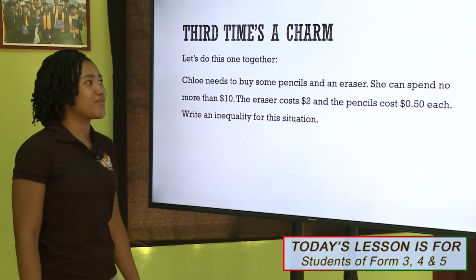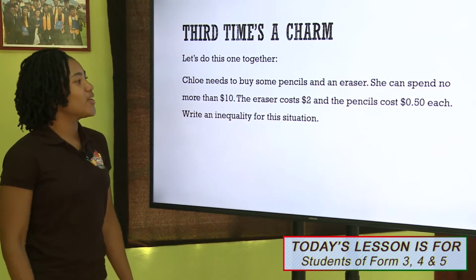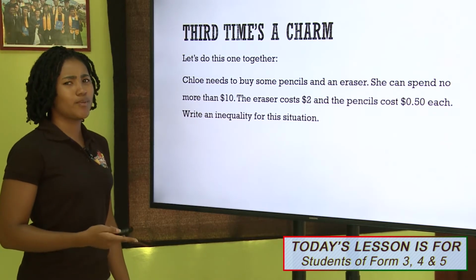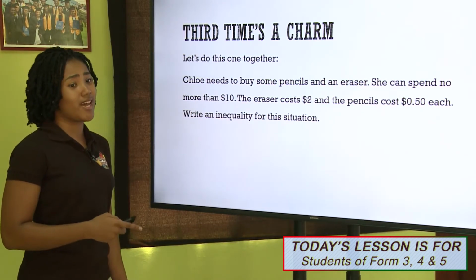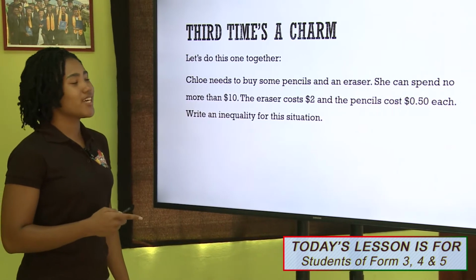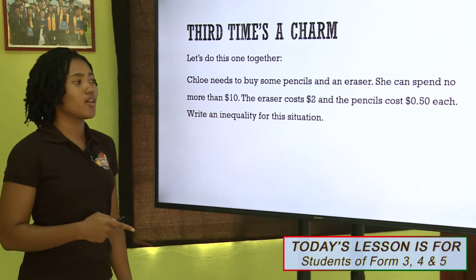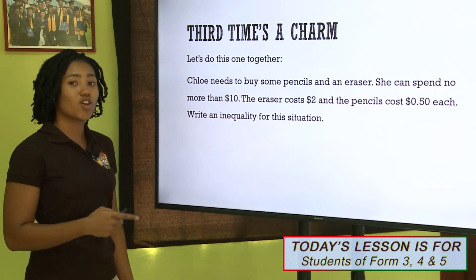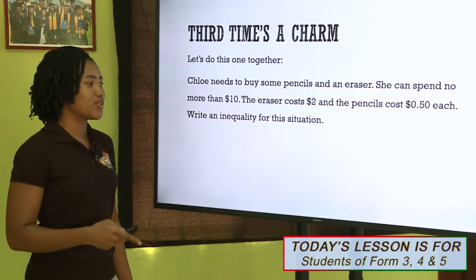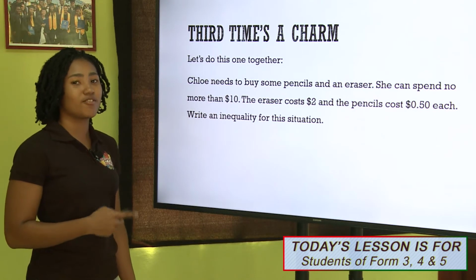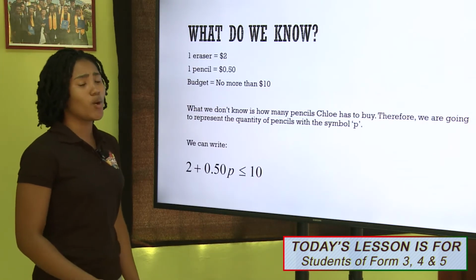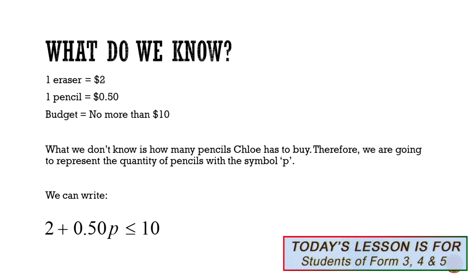Third time's a charm. Let's do this one together. Chloe needs to buy some pencils and an eraser, or you need to buy some pencils and an eraser. She can spend no more than $10. The eraser costs $2 and the pencils cost 50 cents each. Write an inequality for this situation. What do we know? Well, we know that one eraser costs $2.